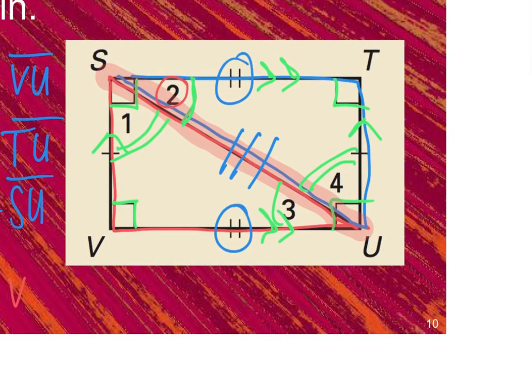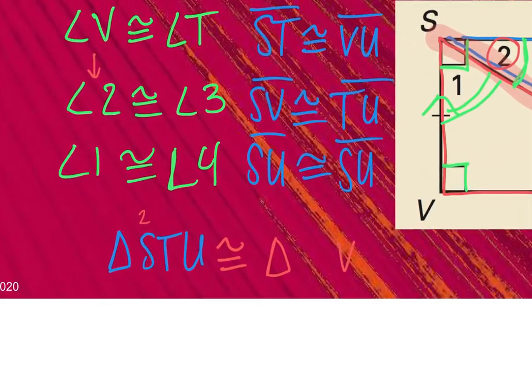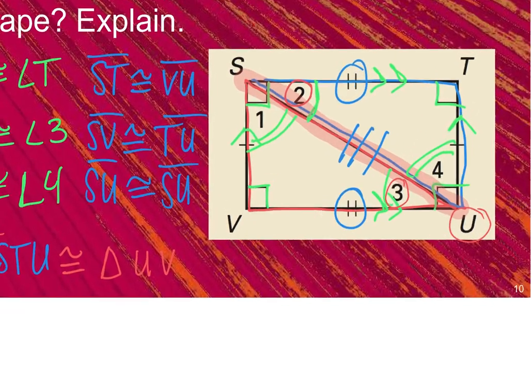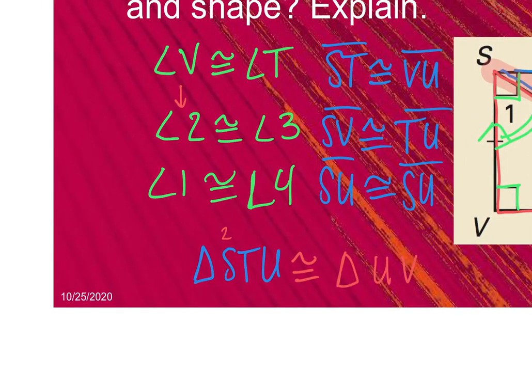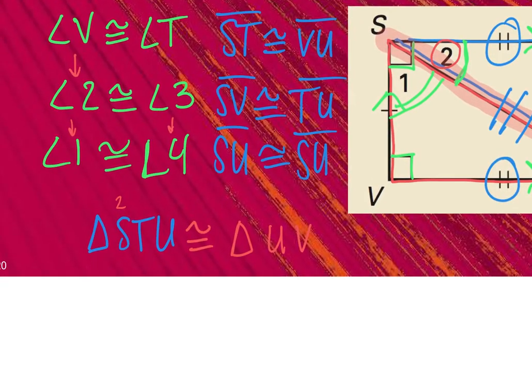What was the corresponding angle in the red one? It was angle 3, which happens at point U. So our first letter of the next congruent statement should be U, V, and then angle 4 and 1 were congruent. So therefore, U and S get switched for the next one. So the last letter is S.